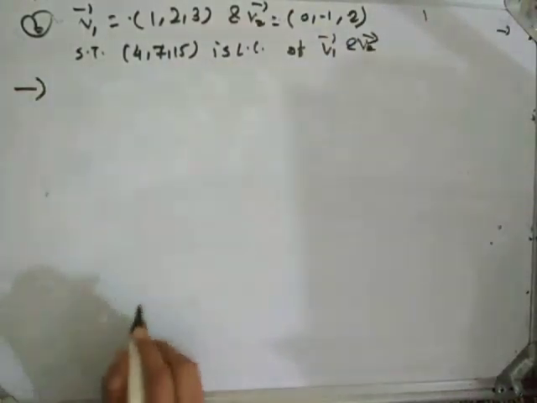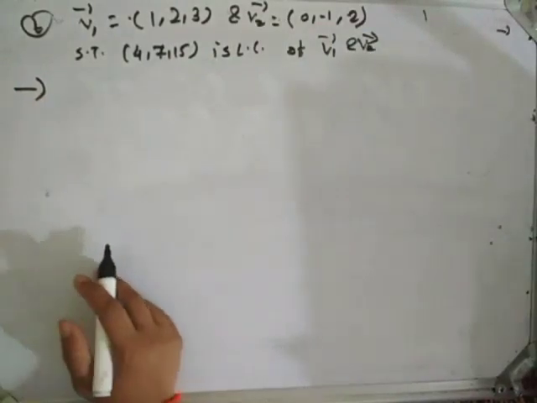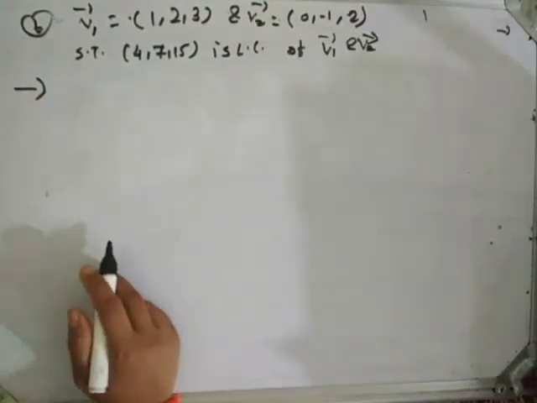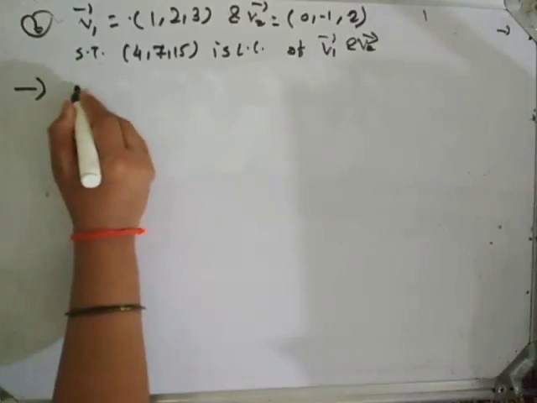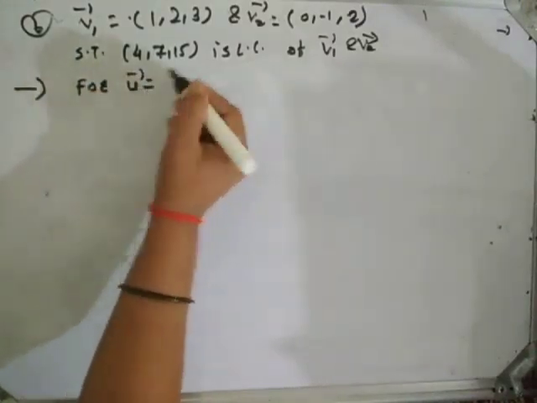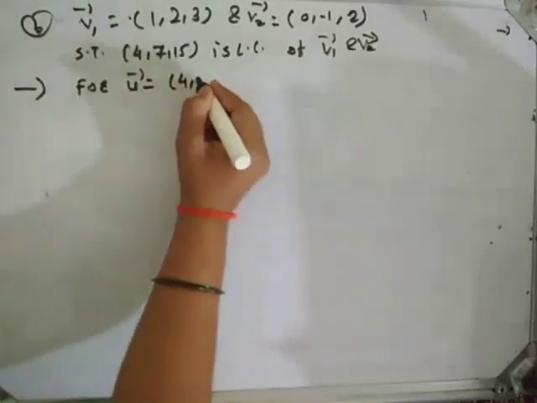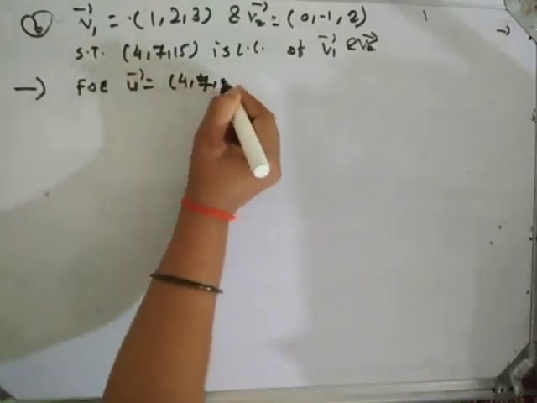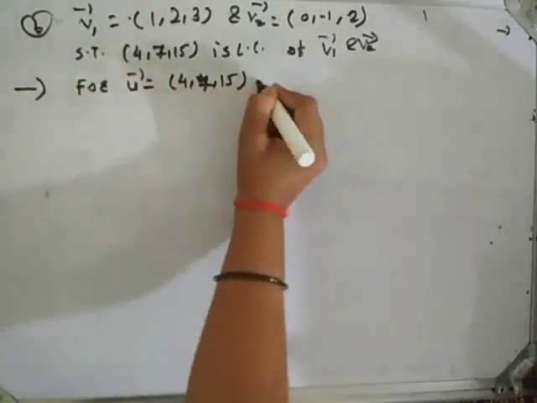So the solution of this problem. Let u bar be equal to the vector (4, 7, 15). Okay.